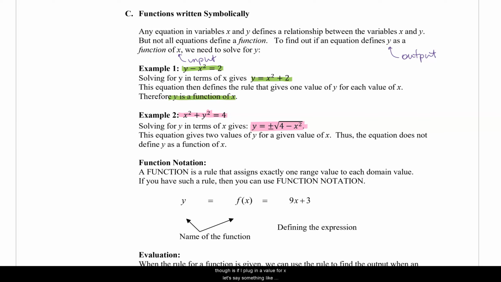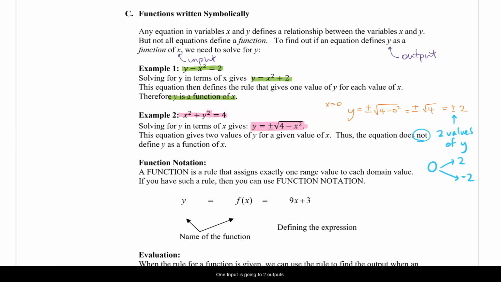The thing to notice here, though, is if I plug in a value for x, let's say something simple like 0, y equals plus or minus the square root of 4 minus 0 squared. We can simplify it out. Plus or minus the square root of 4 minus 0, which is 4. The square root of 4 is 2. But because of that plus or minus in the front, we have 0 going to both 2 and negative 2. We do not have a function. One input is going to 2 outputs.